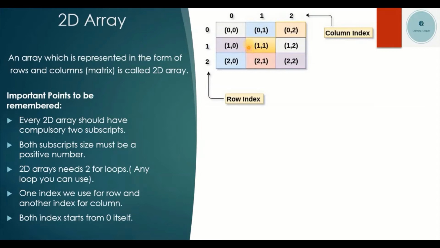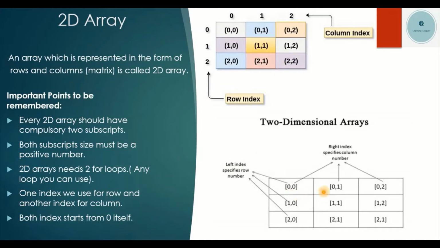Then I will be accessing the middle element of the matrix. In the same way, if I want to access the third row and third column in the figure, as per index, what is the value? It is 2, 2. So this is how we work with accessing a two-dimensional array. Here you can see it clearly.